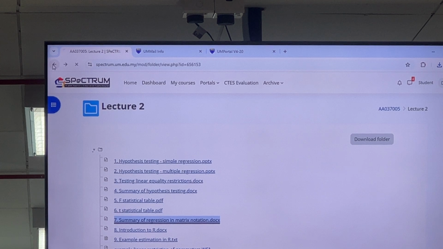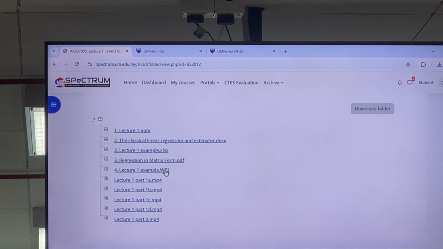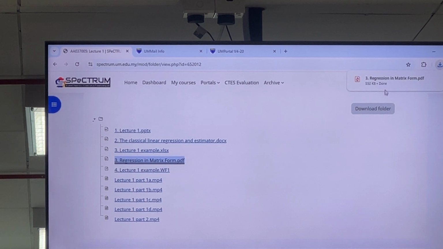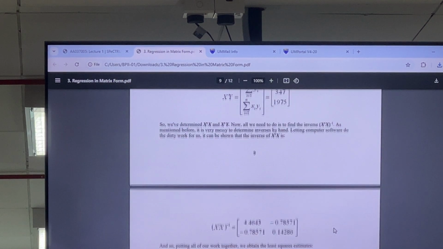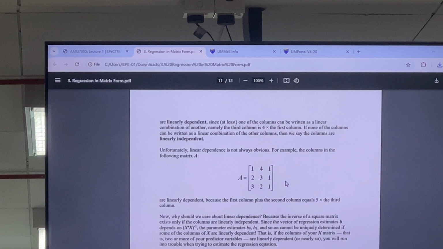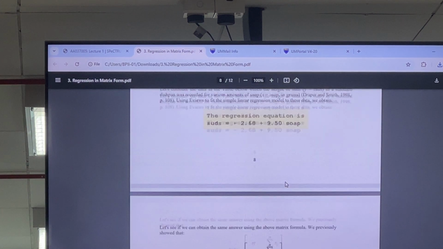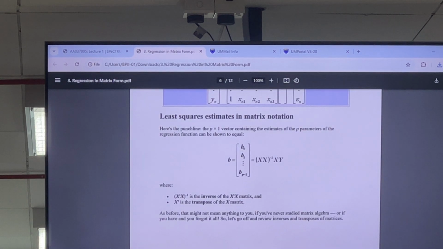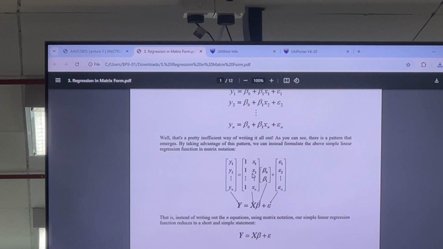And lecture 1 also discussed that, and also introduced it in this note. So about linear dependency, linear dependence: in our X matrix, we should not have any of the columns of the X matrix having linear dependence with the other columns.